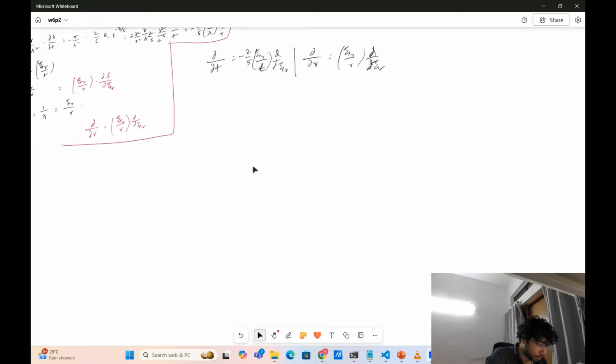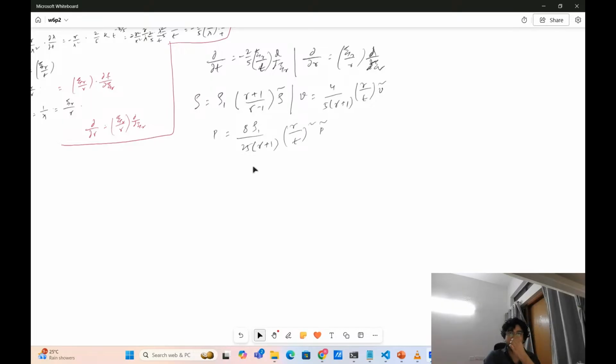And if you remember from our previous slide, we had expressed rho like this, we have expressed v like this, and we have expressed p like this. We had derived these expressions earlier.